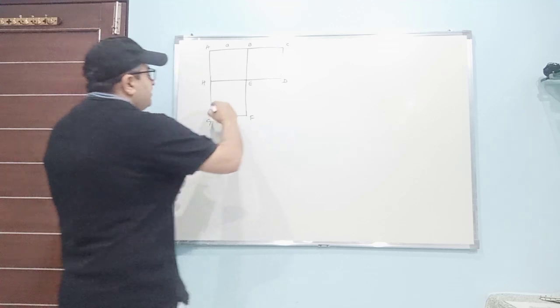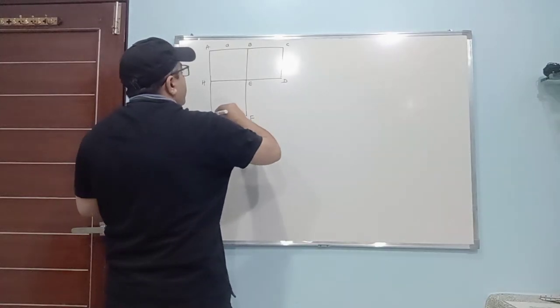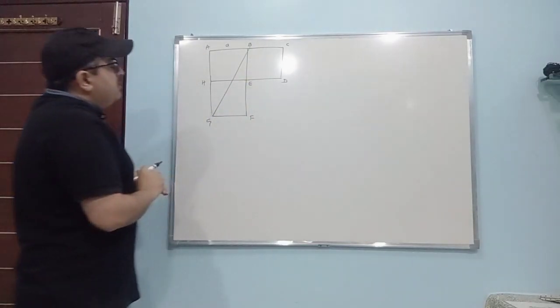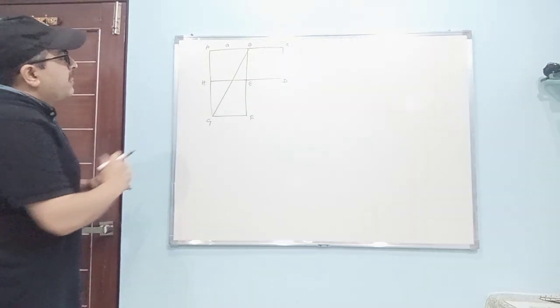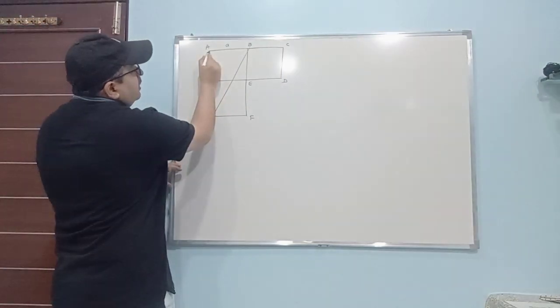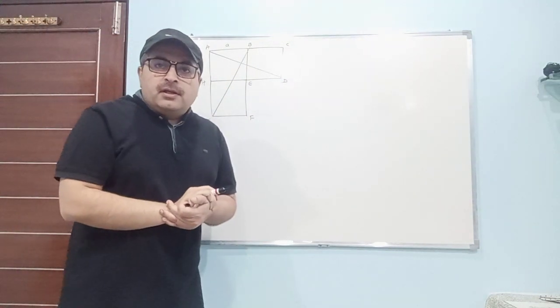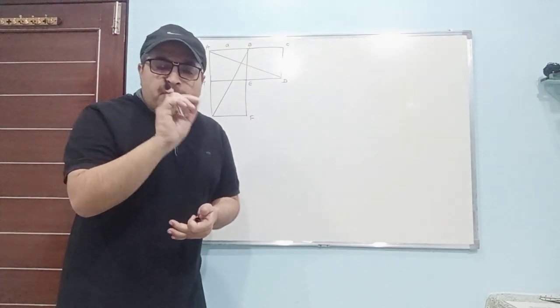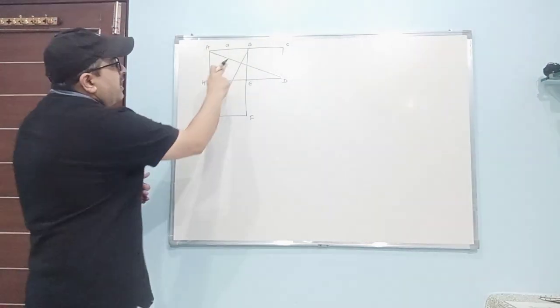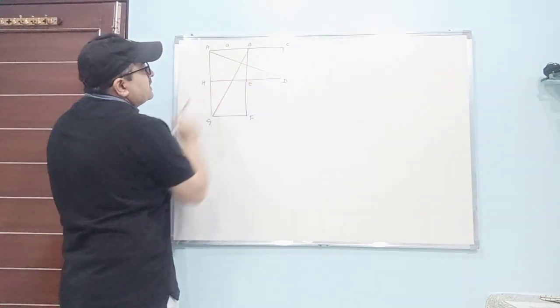and I join B to G, and then we join A to D. And the problem is to find the area of this triangle.